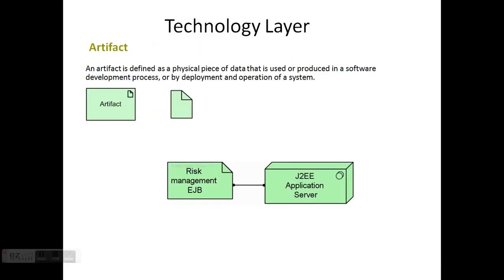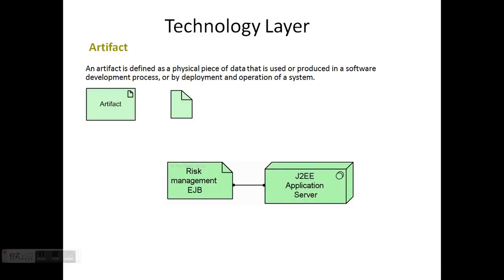Artifacts. An artifact represents a concrete element in the physical world. It is typically used to model things like software products, such as source files or executable files, scripts, database tables, messages, documents, specifications, and model files.